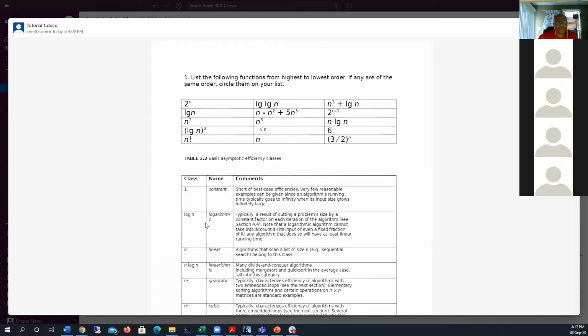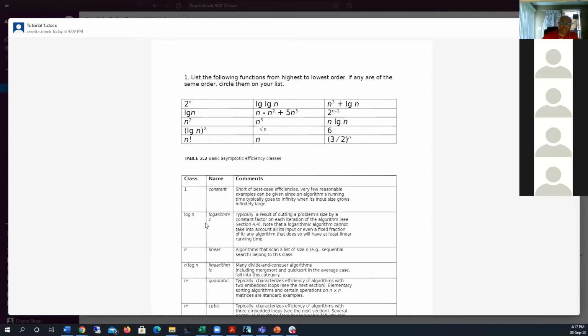If we say log n, where log is to the base 2, it means that each time it will be dividing the problem by 2. That would be the case for a binary search, which divides it by 2 every time. So each time the problem size gets smaller and smaller.